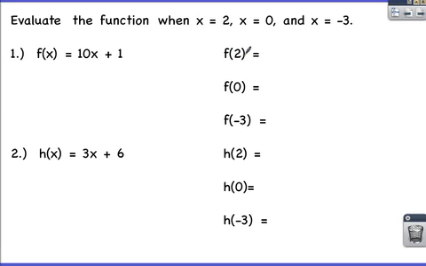F of 2 is asking for the output when the input is 2. So if you think of a function machine with the rule 10x plus 1 and an input of 2, all you would need to do is plug in, we'll do it over here, 10 times 2 plus 1, which equals 20 plus 1, or 21.